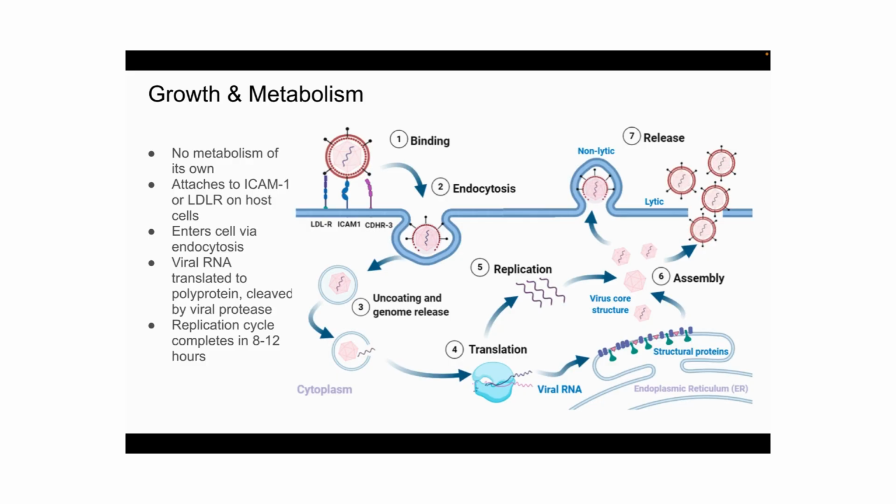This polyprotein is then cut into smaller pieces by a viral enzyme. These smaller proteins help the virus copy itself. The new virus particles are made and released either by bursting the host cell or through a process called exocytosis. This entire cycle takes about 8 to 12 hours.